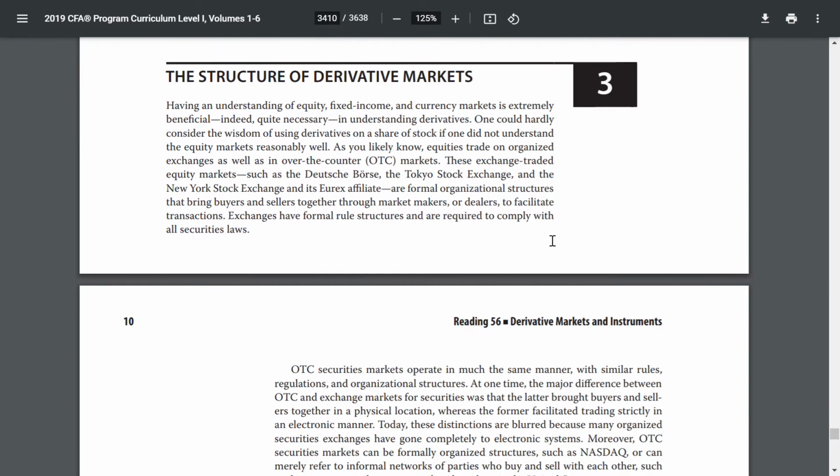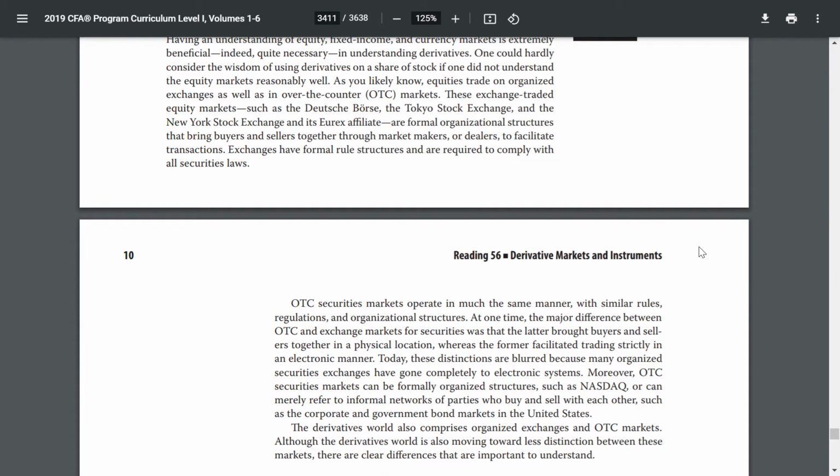Turning to the structure of derivative markets, having an understanding of equity, fixed income, and currency markets is extremely beneficial, indeed quite necessary, in understanding derivatives. One could hardly consider the wisdom of using derivatives on a share of stock if one does not understand the equity market reasonably well.